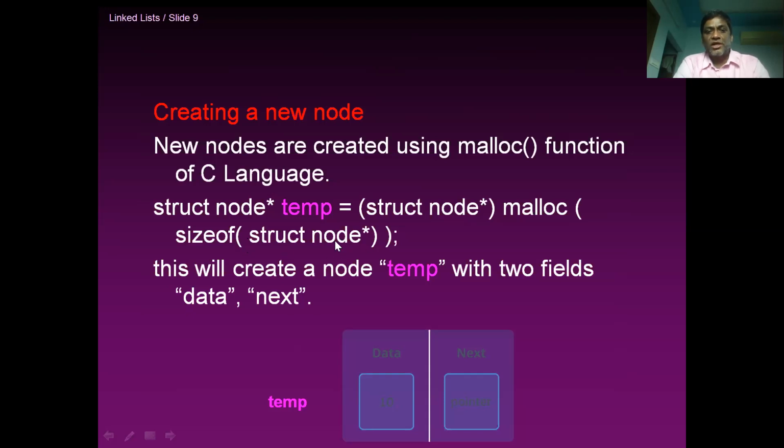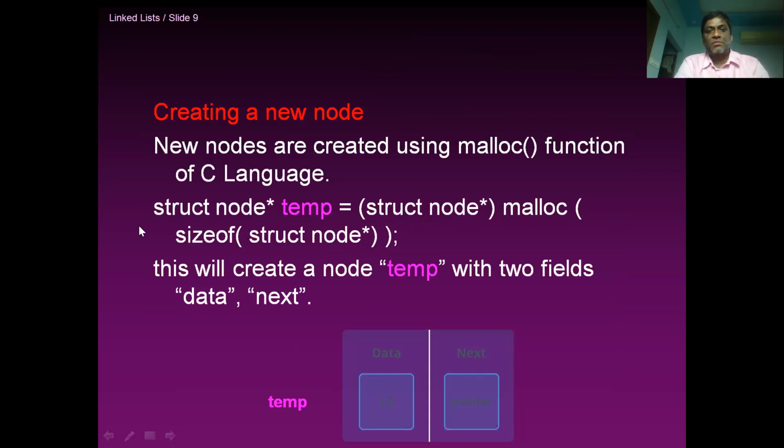Because I want to create only one node, I will mention only 1 into size of struct node. And malloc expects a typecast operation before it. The typecast means the memory address returned should be a node address. Therefore, the overall syntax is struct node star malloc size of struct node.